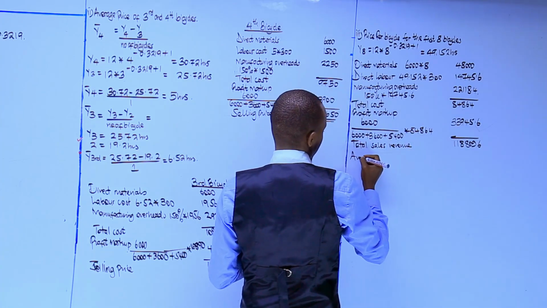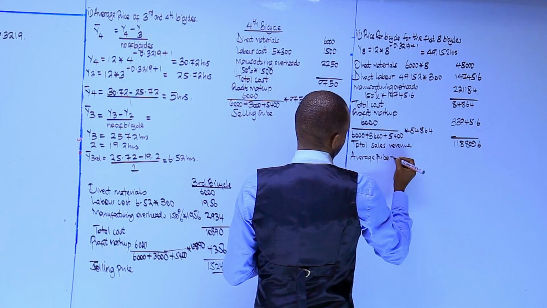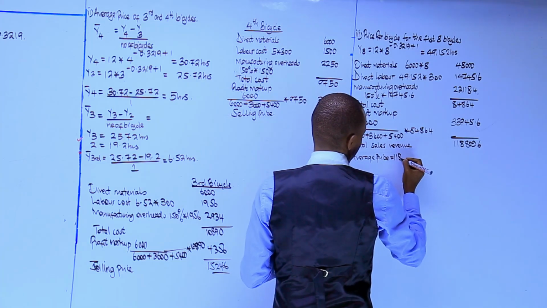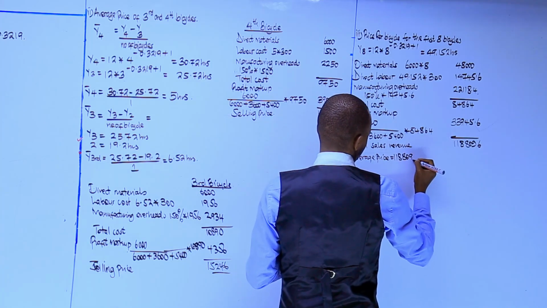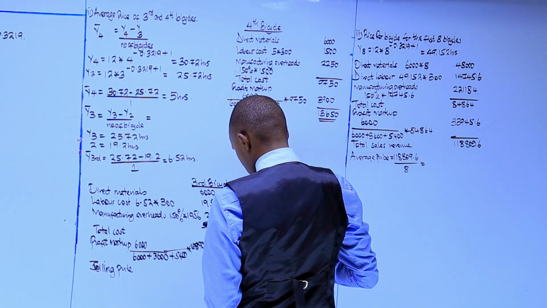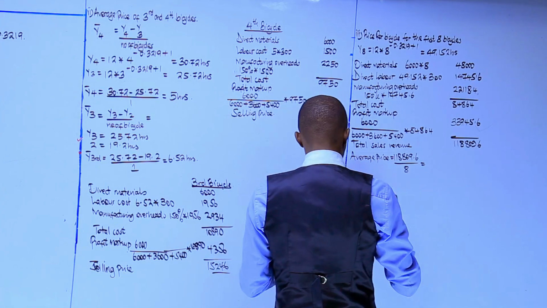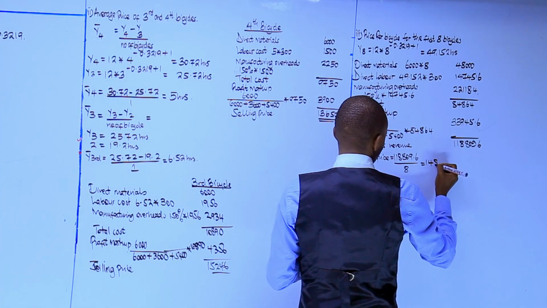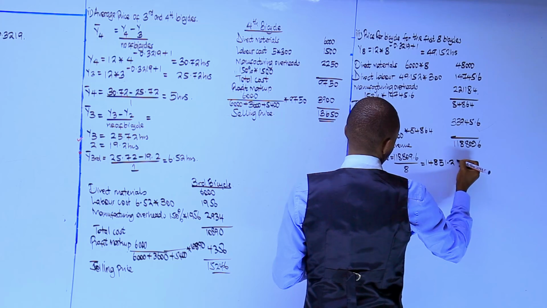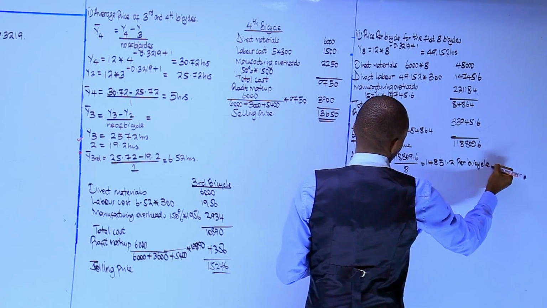So your average price will be 118,809.6 divided by 8, which is 14,851.2 per bicycle.